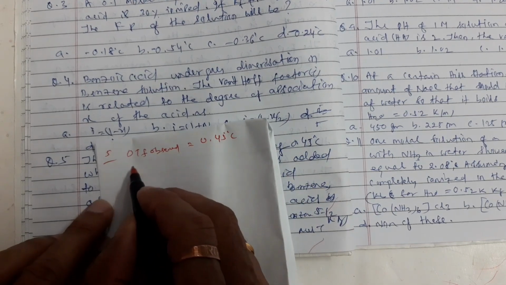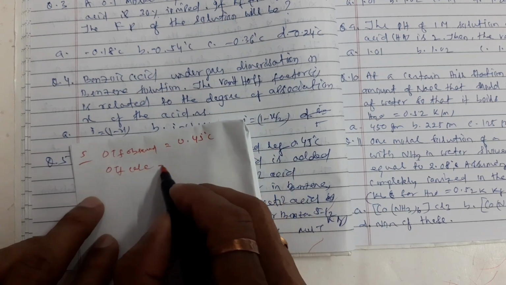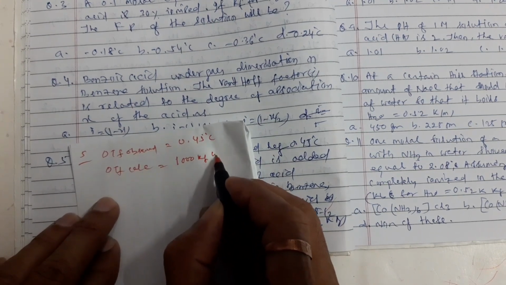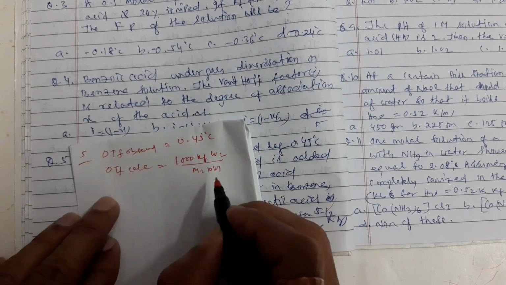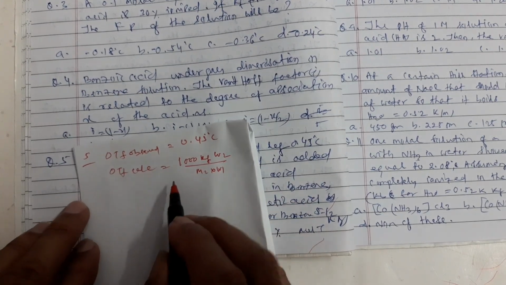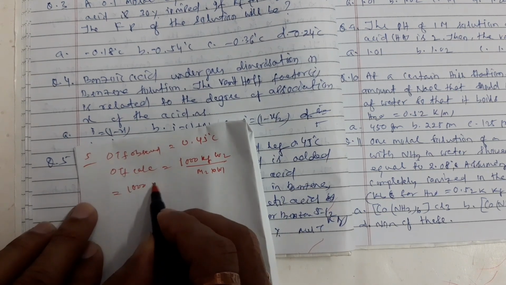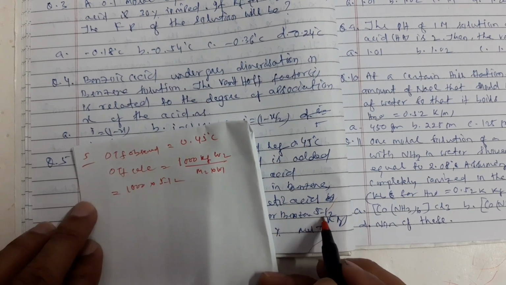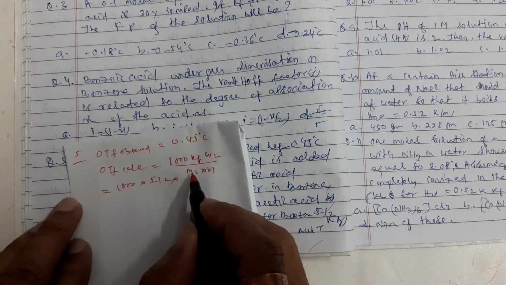The calculated delta Tf is equal to 1000 Kf W2 by M2 and W1. So you put the values: 1000, Kf value is given as 5.12, and W2, how much is given?